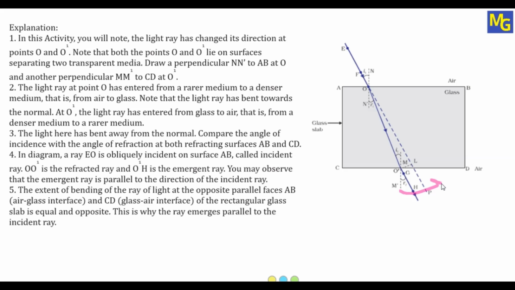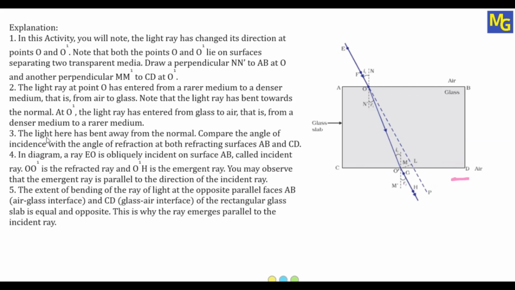So it is going away from the normal. So remember, at O it is bending towards the normal and at O dash it is bending away from the normal. Remember this. It bends towards the normal when the light enters from rarer medium to glass medium, and it bends away from the normal when the light enters from denser medium to rarer medium.